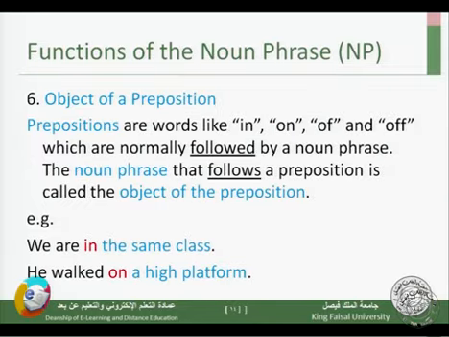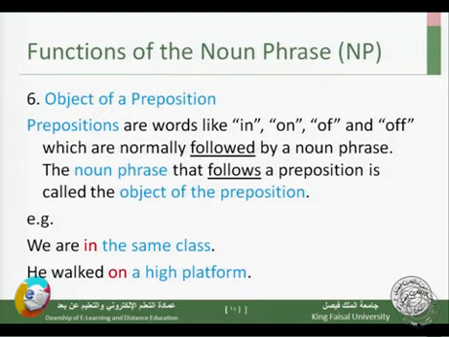The sixth function of the noun phrase is the object of a preposition. So a noun phrase can be an object of a preposition. We said that it can be the object of the verb and an object of a preposition. So you know prepositions already, but in case you forgot, prepositions are words like in, on, of, and off.